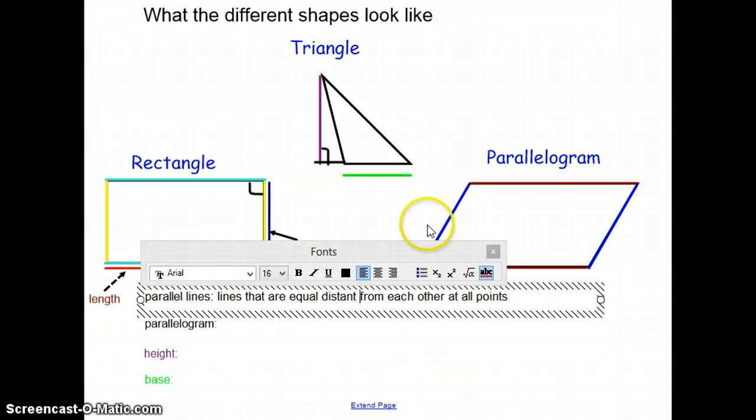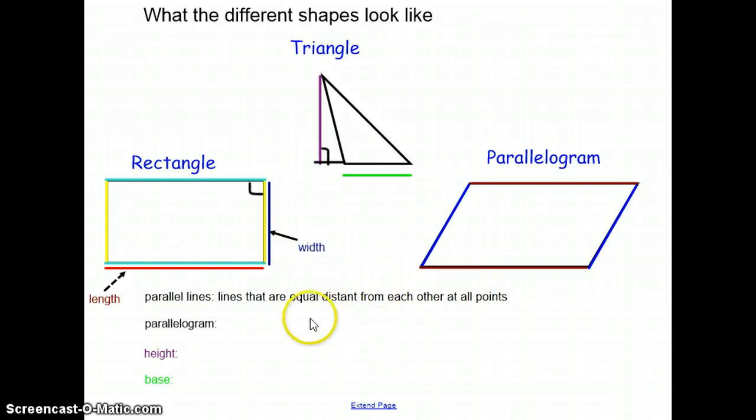By definition, if I measure from here to here, it should be the same distance as if I measure from here to here.